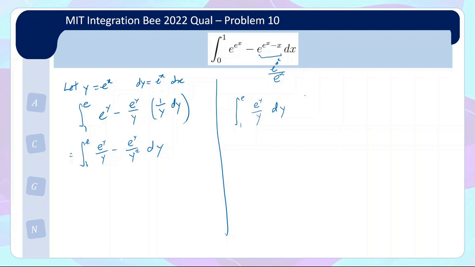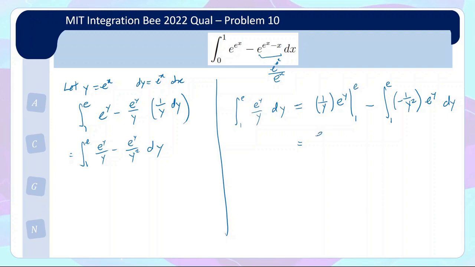I think one of the first things you might try, because e to the y will stay constant, so it's easy to integrate e to the y. So if we integrate this, I keep 1 over y unchanged, I integrate e to the y, I get e to the y, from y equals 1 to e, minus, now I differentiate 1 over y, I get minus 1 over y squared times e to the y dy from 1 to e. I think you might see where this is going.